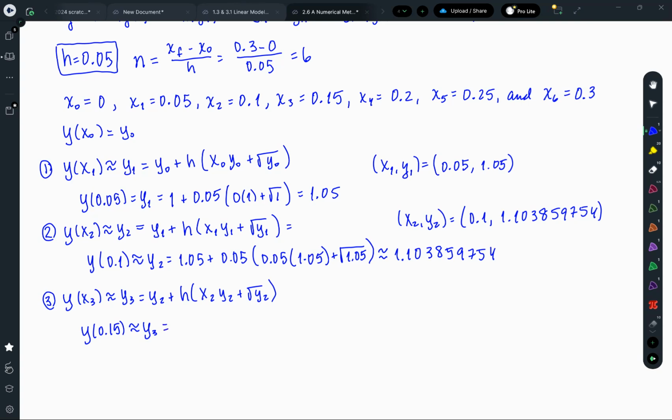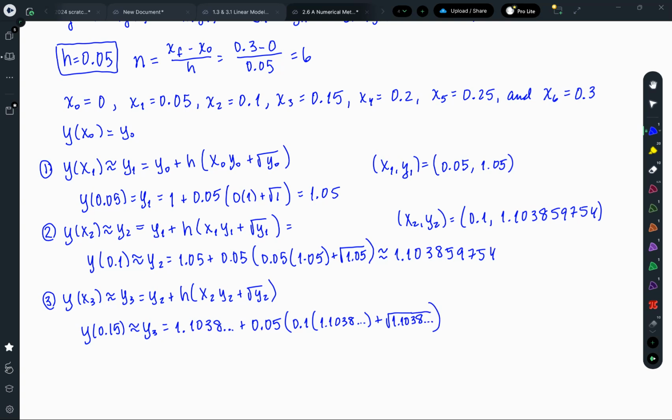And now everywhere there's an x2 and a y2, we're going to plug in what we found in the previous step. y2 we'll plug in as 1.1038..., plus h, which is 0.05, times x2, which is 0.1, times our 1.1038... plus the square root of 1.1038.... Close that.